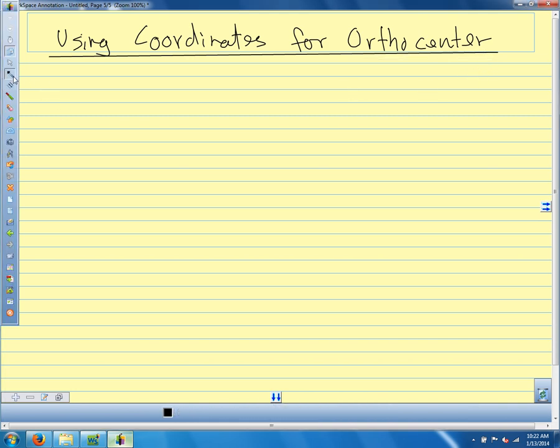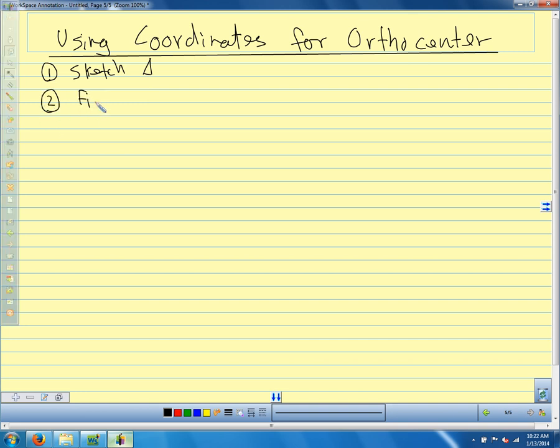So this example brings together a lot of stuff that we've learned over the course of the year. Step one, sketch the triangle. So we have the coordinates, and we're going to use the coordinates to sketch a triangle. We need to find the slope of two sides.